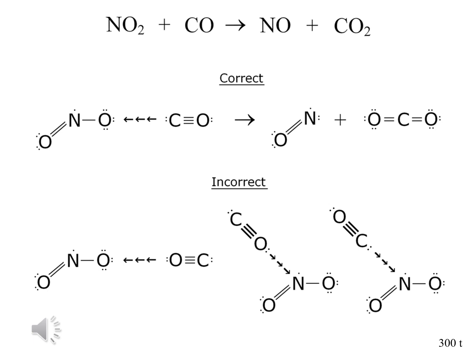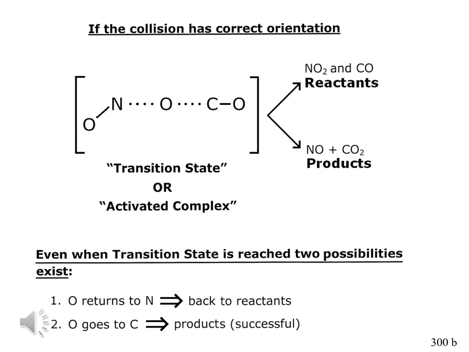And the carbon and the nitrogen, if they hit each other, they'll bounce apart. So the fact that there's incorrect orientations makes the reaction slower. But let's suppose that you are going to get a reaction, that the NO2 and the CO are facing the right direction, and that they are about to react.